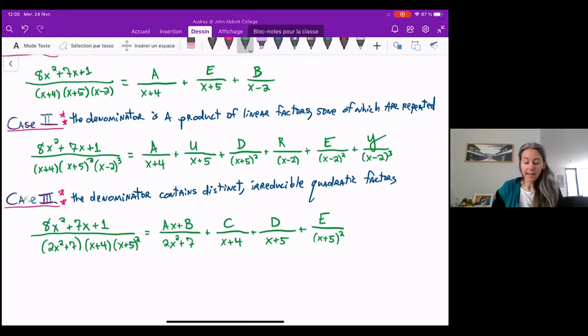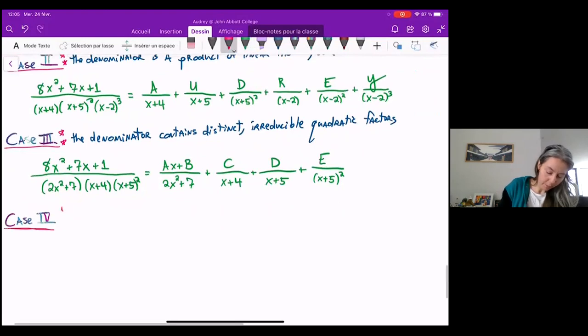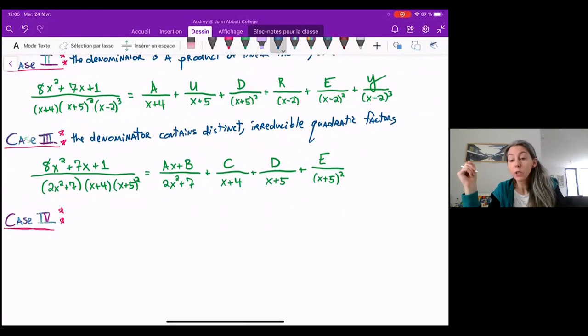Now for our last case, case 4, maybe those quadratic factors are repeated more than once. So case 4 would be if the denominator contains irreducible quadratic factors, some of which are repeated.